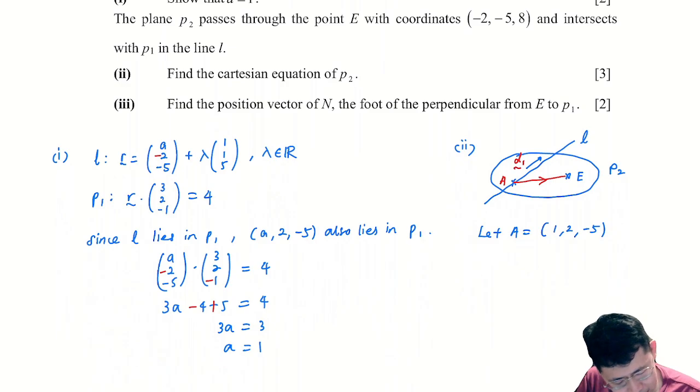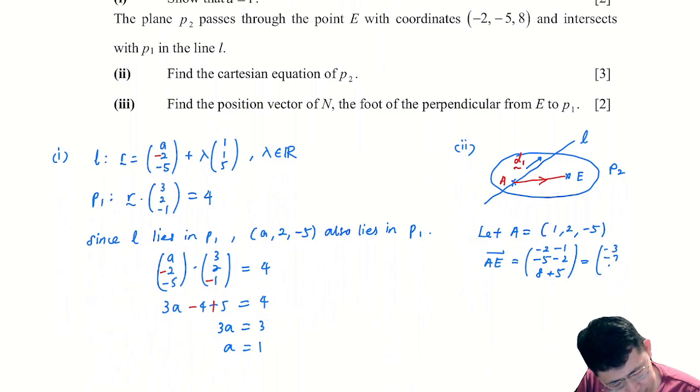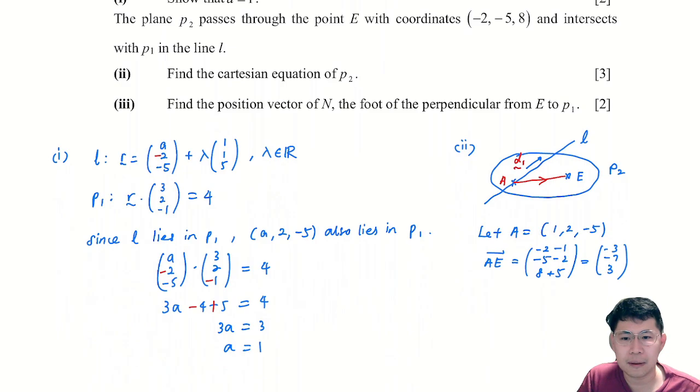Okay, so let's take a look. We already have one direction vector, so the second direction vector over here will be vector AE. Okay, so vector AE would be from coordinates E, so negative 2 minus 1, negative 5 minus 2, and then 8 minus 5, like that. Okay, so we have negative 3, negative 7, and 3 over here.